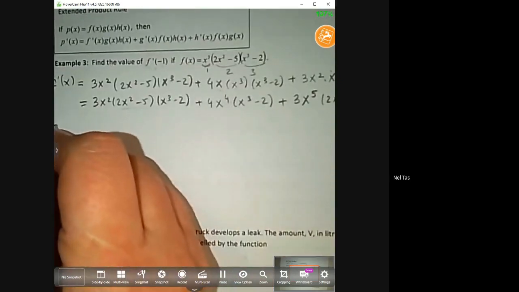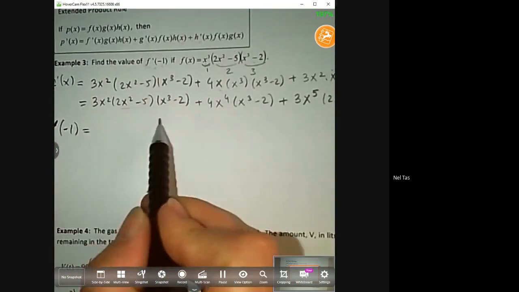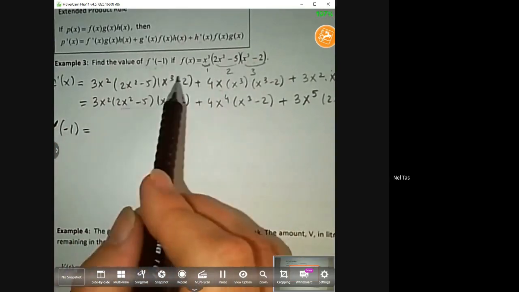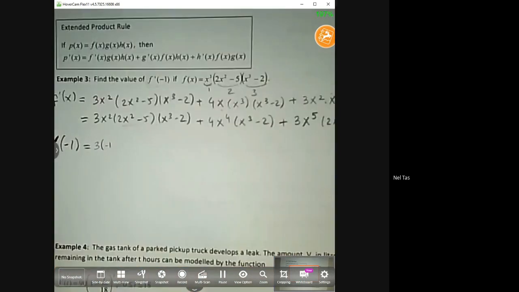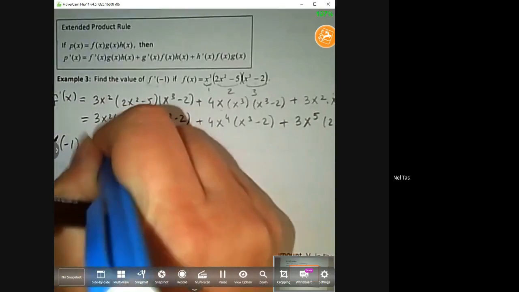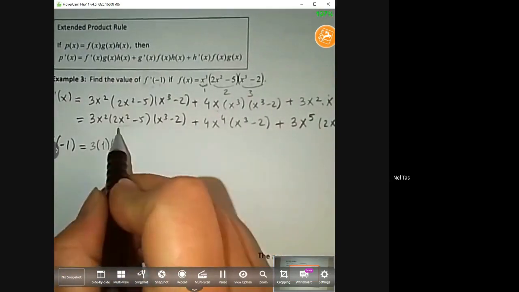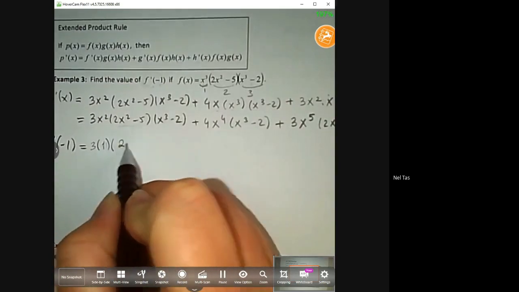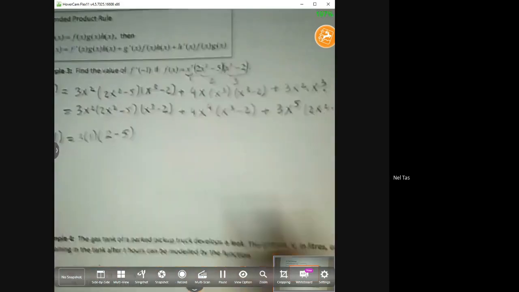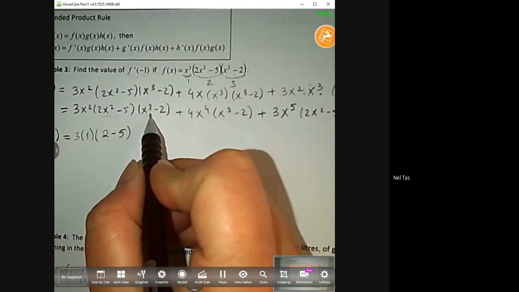So we substitute now -1 in the derivative function. So 3 times (-1) squared is 3. 2 times (-1) squared: negative 1 squared is 1, so it gives you 2. Negative 1 cubed is negative 1.